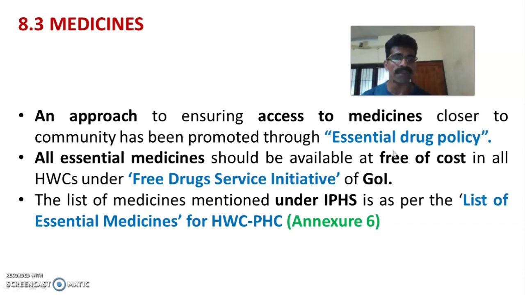Under this policy, every individual or family or community has to have free access to the medicines as close to their community or village. So through sub-center and primary health center, the government is distributing the essential drugs to the community people. Thus, all essential medicines should be available free of cost in all the health and wellness centers.